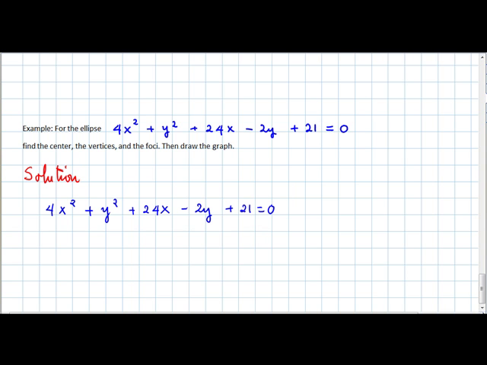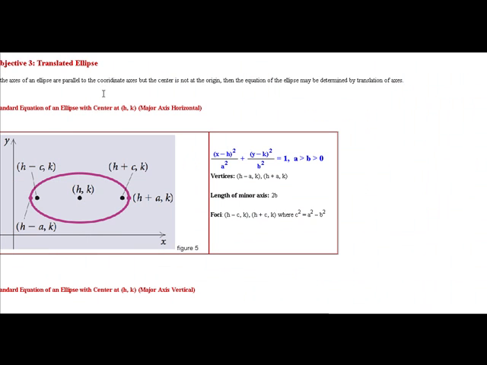So let's go back to our lesson. We have the standard equation of the ellipse. This is for the horizontal axis, when our ellipse is horizontal, and here's the equation.